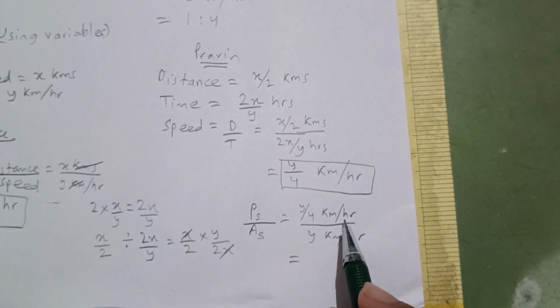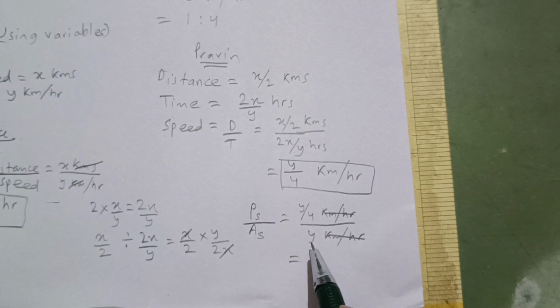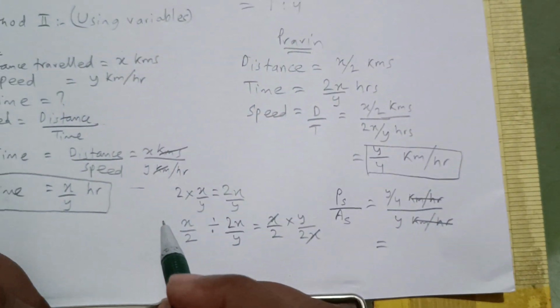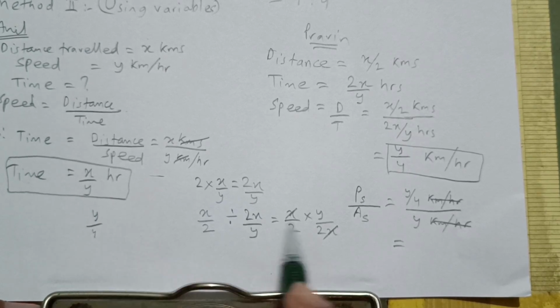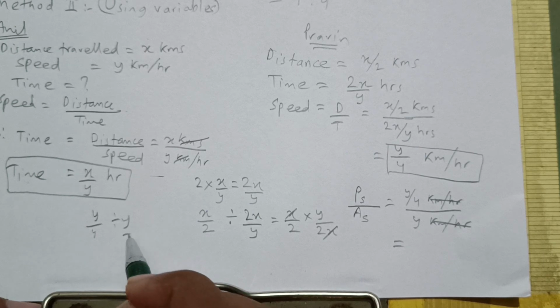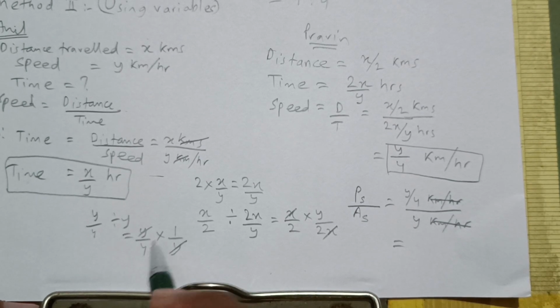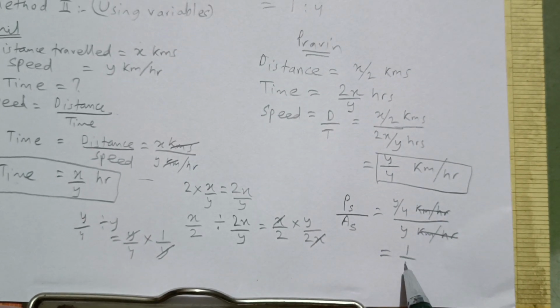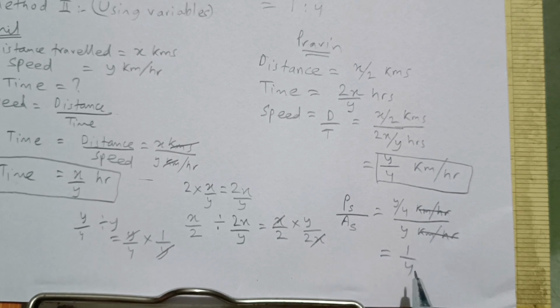And now let us solve this. So kilometer per hour and kilometer per hour cancel with each other. So y by 4 upon y. This means y by 4 divided by y. So this is y by 4 into 1 by y. So y and y cancel. So it is 1 by 4. So ratio of the speed of Praveen to that of Anil is 1 by 4.